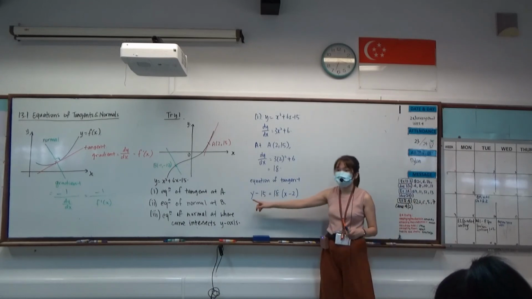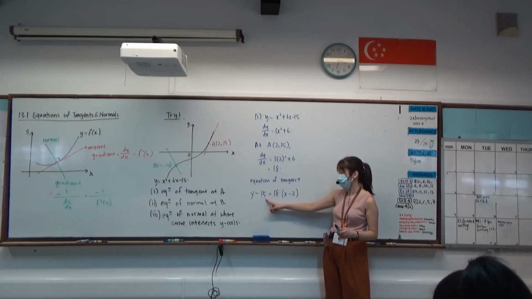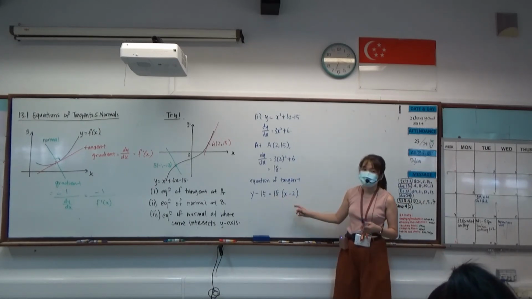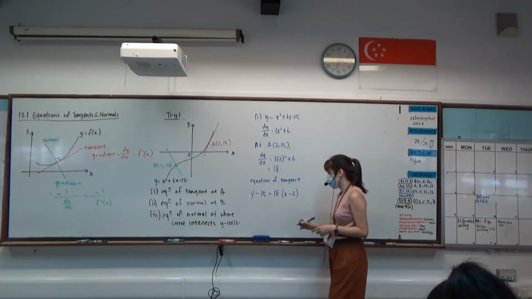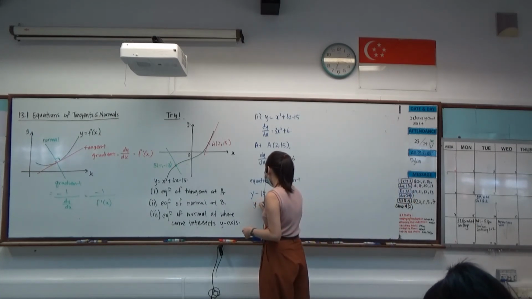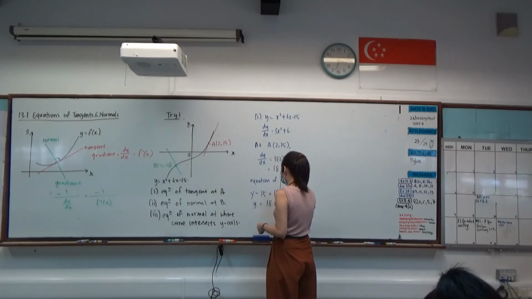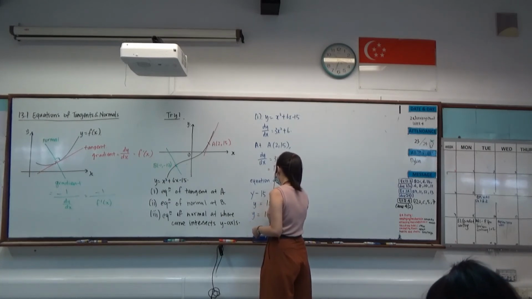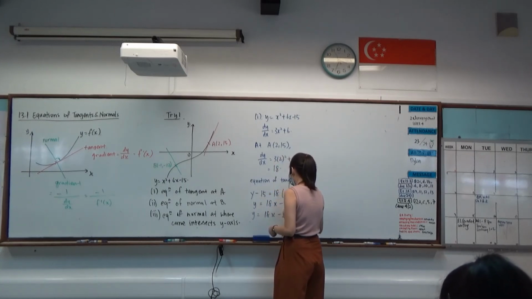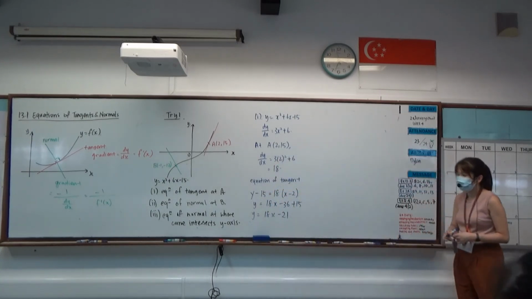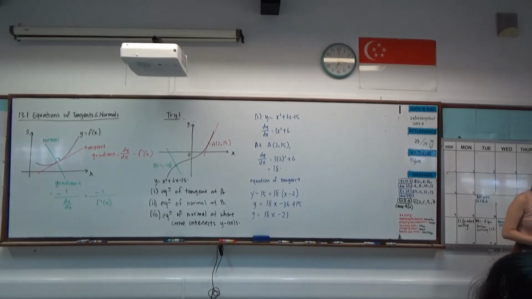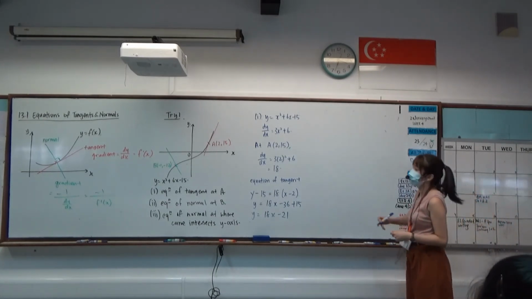That is using y coordinate equals gradient times x minus x coordinate. And the equation of the tangent will be y = 18x minus 21.